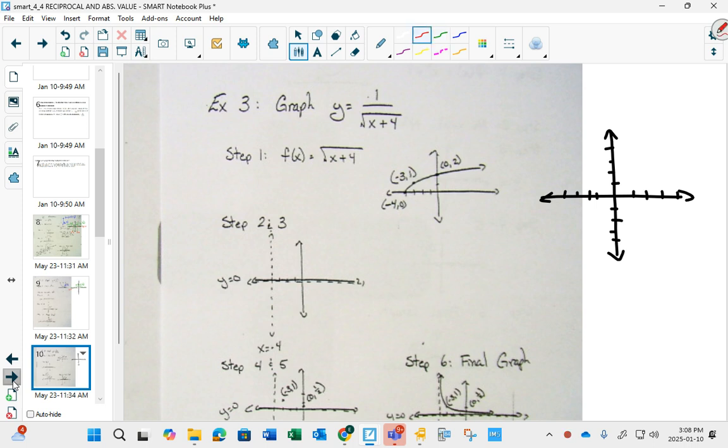We have an x-intercept at -4, so we have a vertical asymptote at -4. Does the graph have an arrowhead that makes it go up forever? Yes. It's slow. Square root graphs go up forever slow, but they do go up forever, so we will have an asymptote at y equals 0.